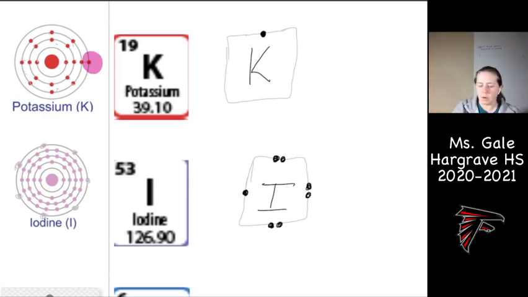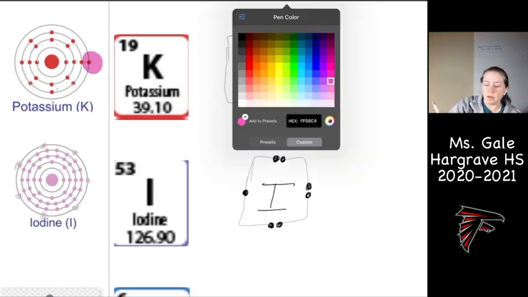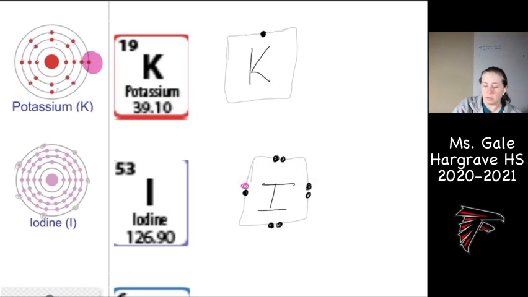He only has 1 lonely electron. It does not like to be lonely. It wants a buddy. So when we get into bonding later in the week, he will have to have 1 extra component come in. He will bond with 1 other element, and that's it. For him to be happy and be full, he will need 1 buddy.